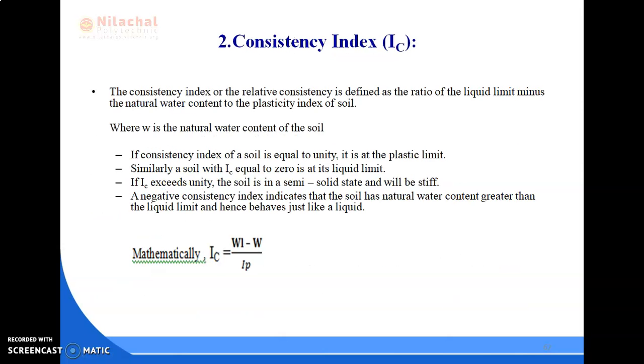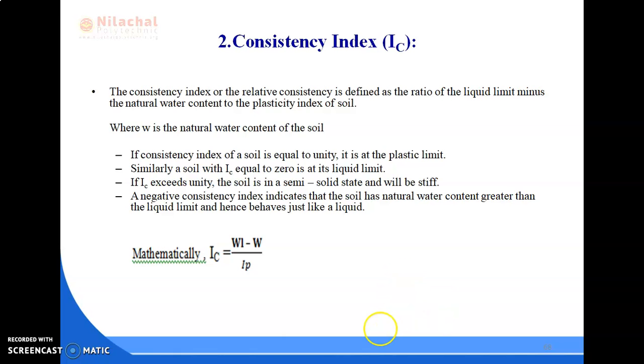Next is the consistency index. Notation is IC. The consistency index, or its other name is relative consistency, is defined as the ratio of the liquid limit minus the natural water content to the plasticity index of the soil.